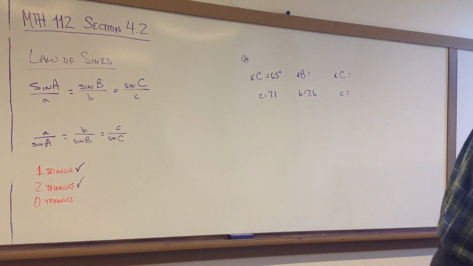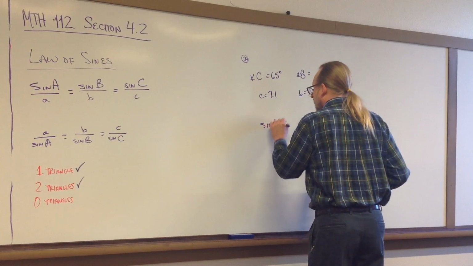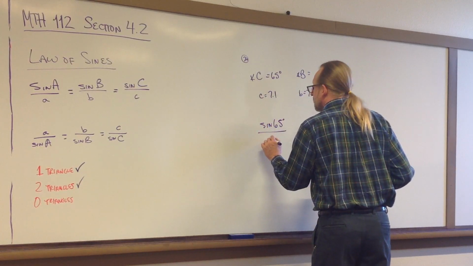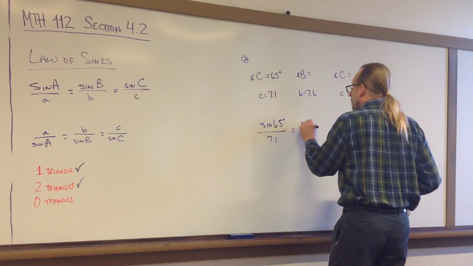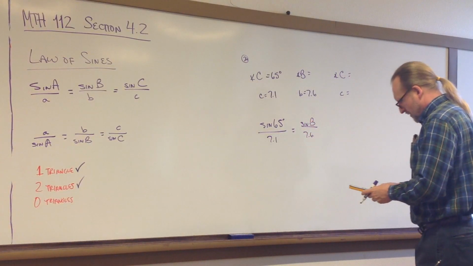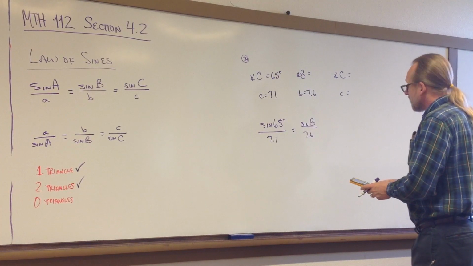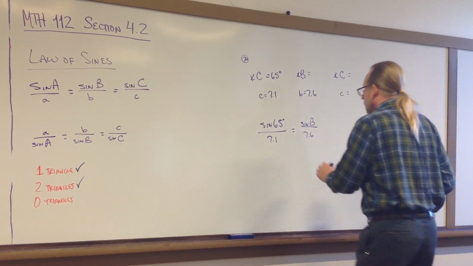Okay. So, sine of 65 degrees over 7.1 equals sine B over 7.6. Sine 65 divided by 7.1 times 7.6.